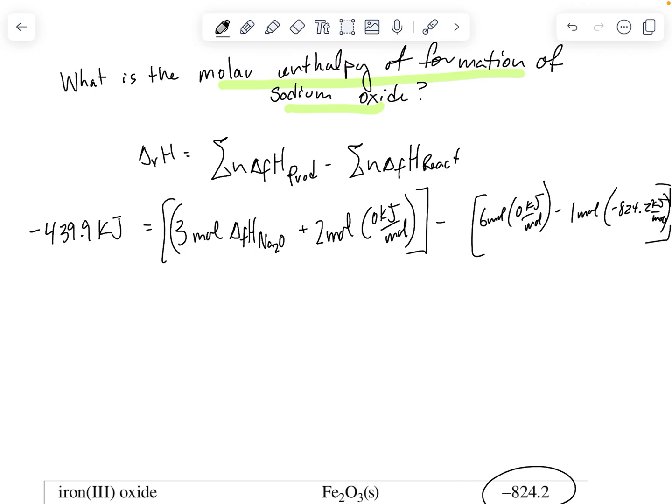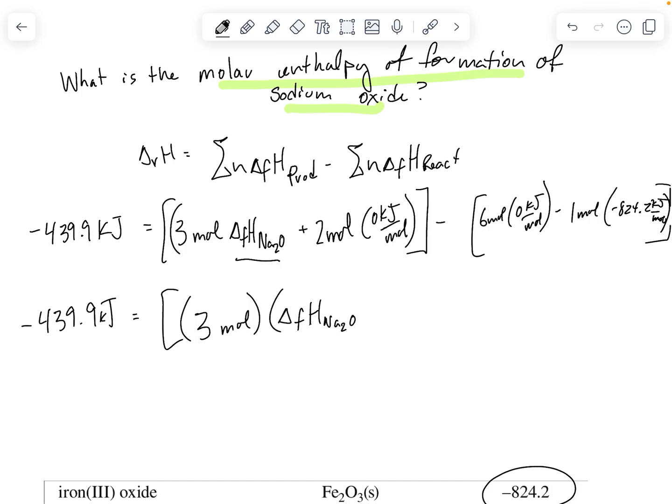If I want to find this, I'm going to have to isolate for it. So negative 439.9 kilojoules is going to be equal to, this first thing is 3 mole times the formation enthalpy of sodium oxide plus 0, because it's 2 times 0.